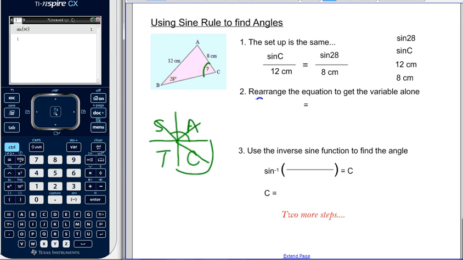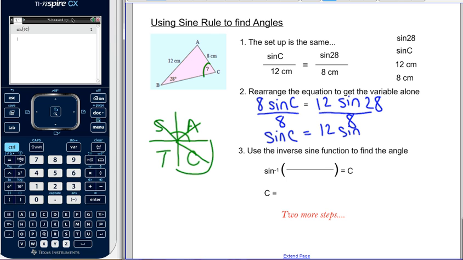We'll have 8 sine of C is equal to 12 sine of 28. We divide both sides by 8, so sine of C equals 12 sine of 28 over 8. Then to move sine to the other side, we'll do sine inverse of that fraction, and that'll give us C alone.